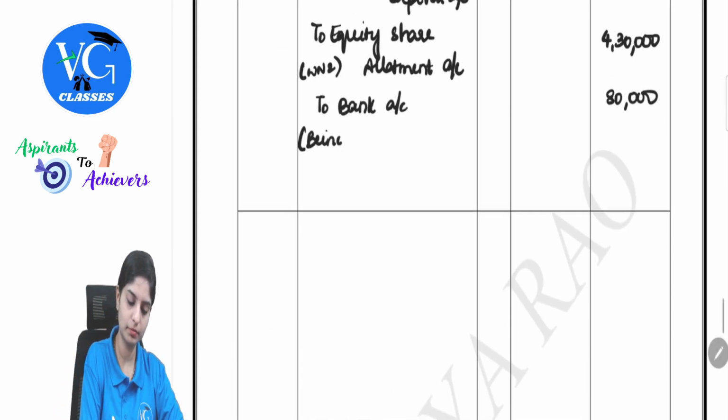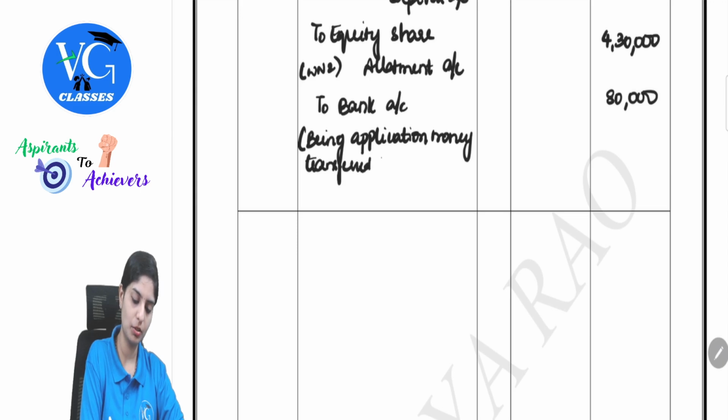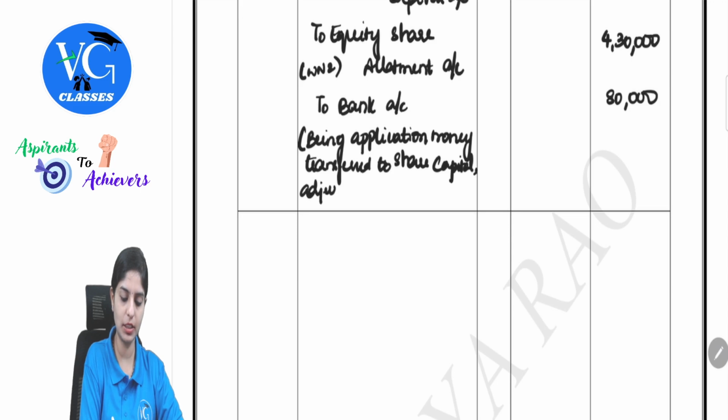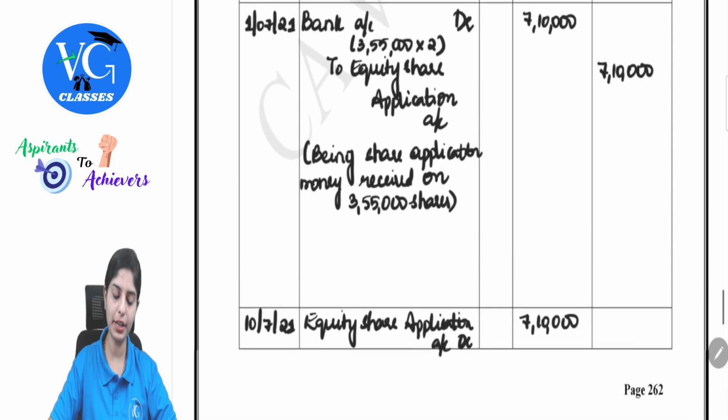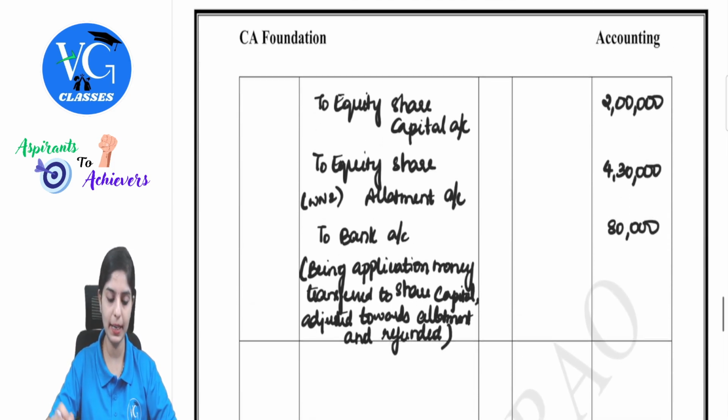Being application money transferred to share capital, adjusted towards allotment and refunded. So this was an important entry to provide your pro rata impact.